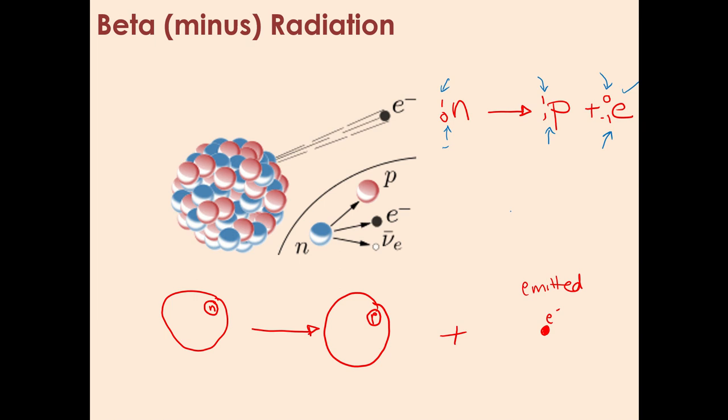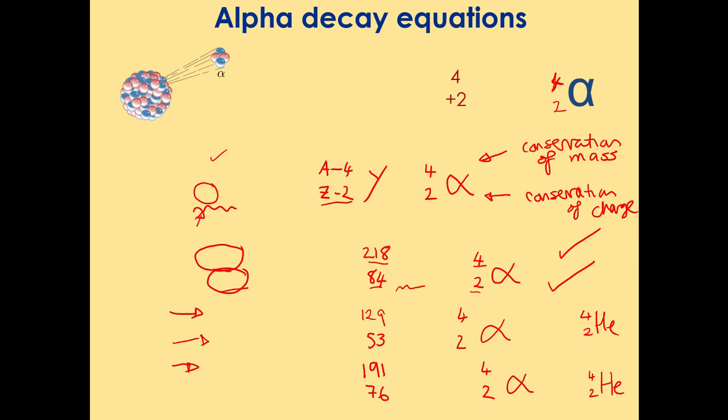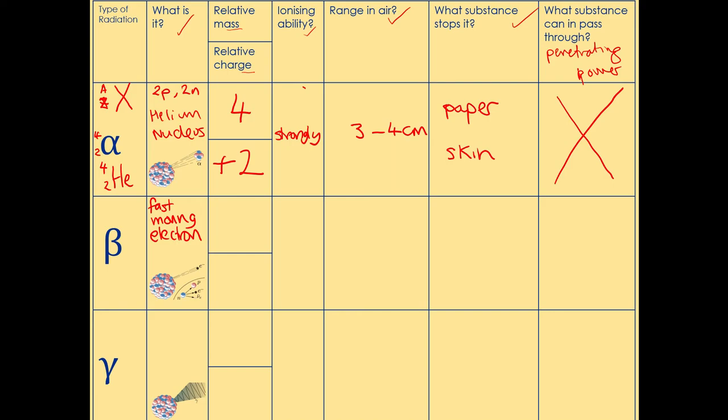electron. So let's go back and fill in our table now that we've talked about that. Okay, so we've said beta is a fast moving electron. The mass of an electron is 0 and the charge is -1.